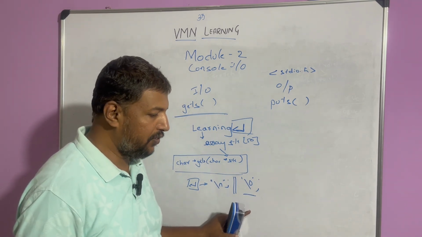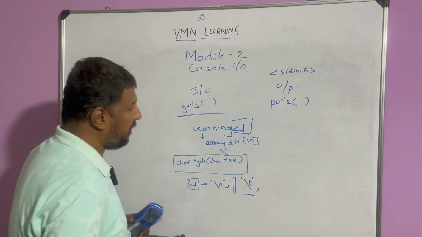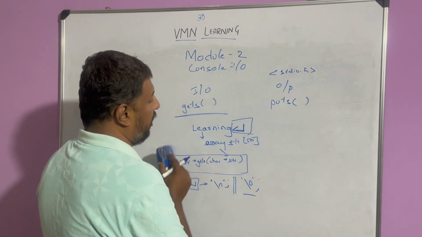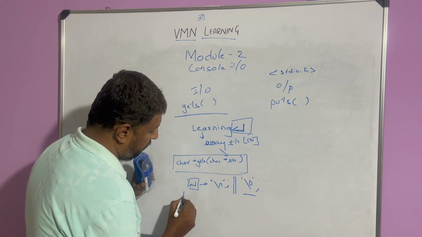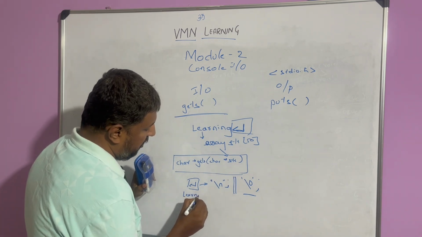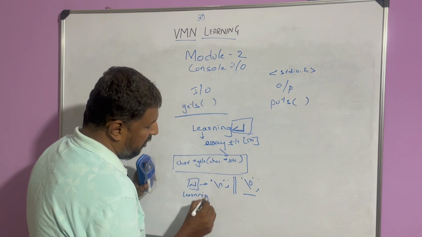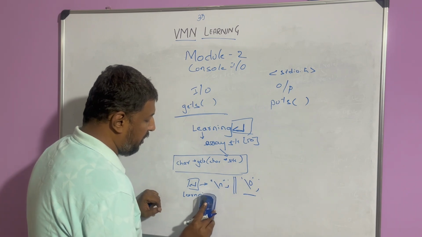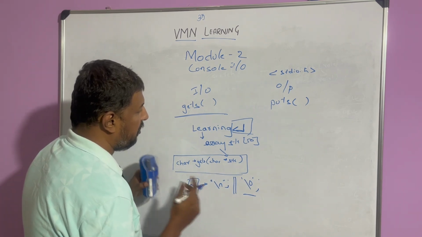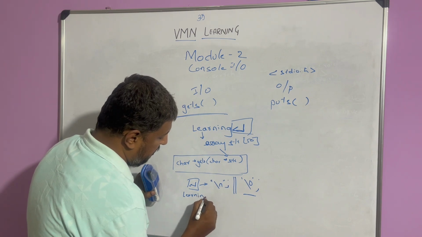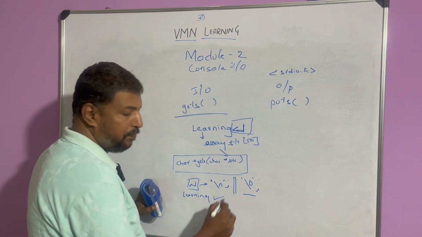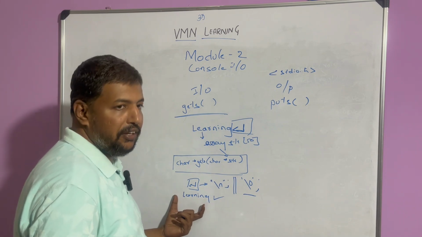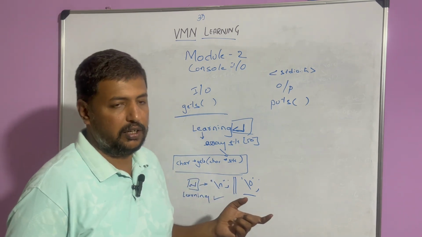One more speciality: even while I am writing "learning", if there is any mistake, I can use backspace to go back and correct it, so it will take the correct value. Backspace is allowed here.